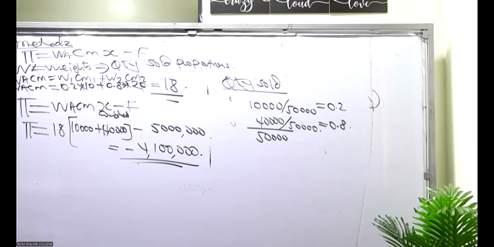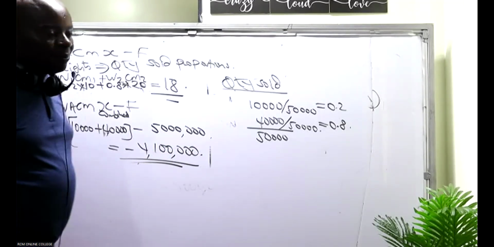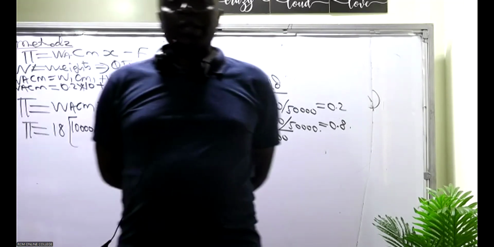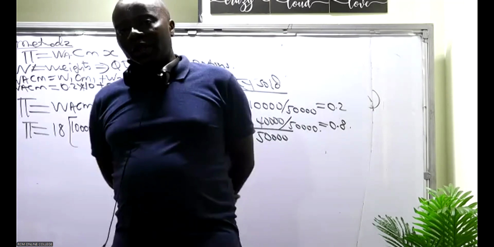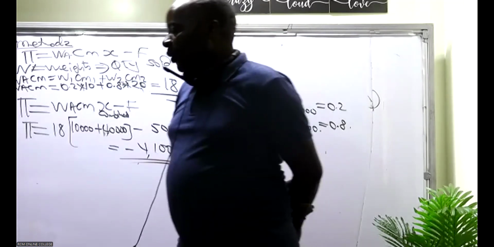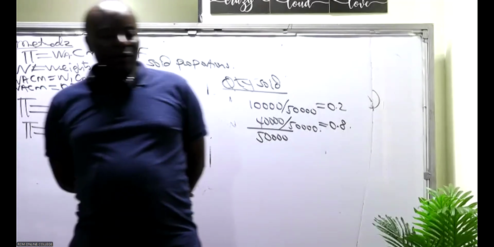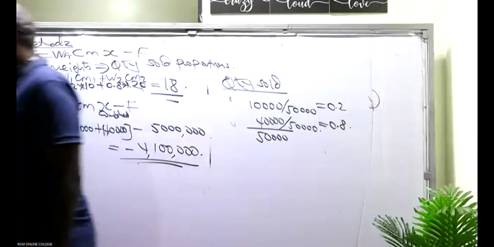Great. So we have our profit being WACM times X minus fixed cost. Weighted average contribution margin, minus the farm's fixed cost. Very, very important.